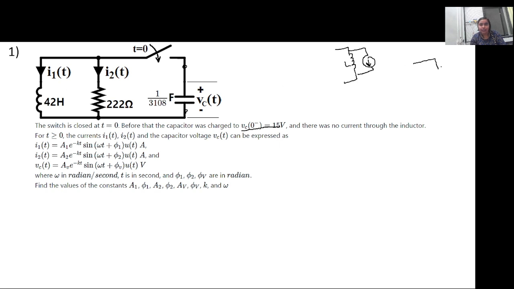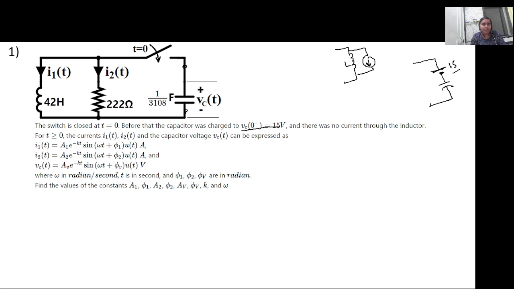We can easily draw it as a voltage source connected in series with the capacitor. This voltage is equal to the initial voltage 15, which is for the capacitor. So we can replace the capacitor with a capacitor and a voltage source, right?